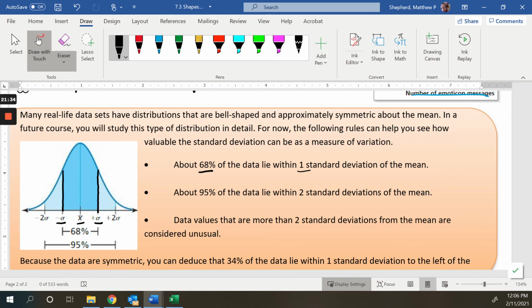If we extend that further out to include that light blue section, now 95% of all of our responses we expect to be within there. Now part of why that's useful is we do consider anything outside of two standard deviations from the mean, we consider that to be unusual.